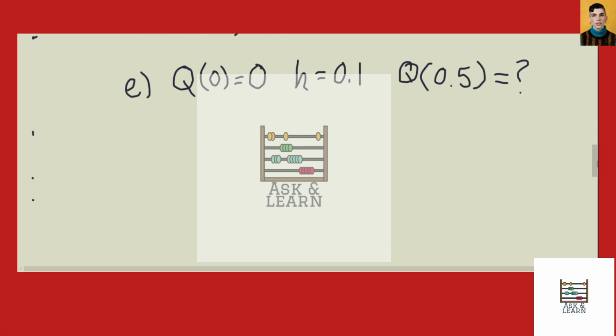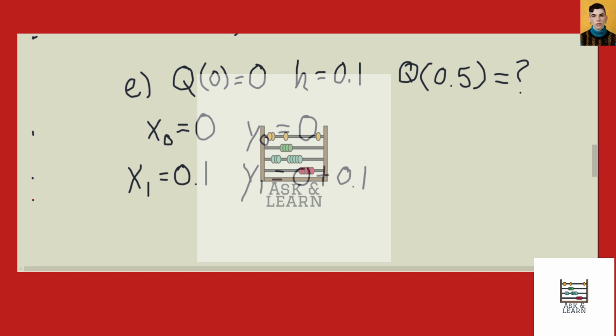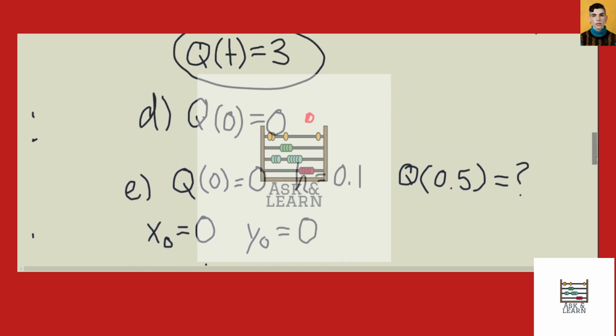So from what we're given, we know that x0 is equal to 0, and y0 is y of x0, which is still equal to 0. From our step size, we get x1 is equal to 0.1. We're going to expect 5 steps. y1 is equal to y0, which is 0, plus step size 0.1 times our function evaluated at (0, 0). So what was our function?